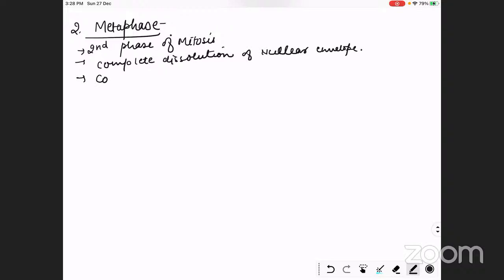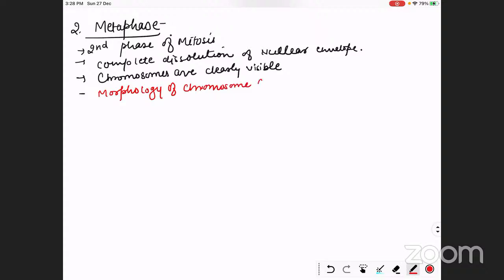Chromosomes are clearly visible. That's why metaphase is the stage if you want to study the morphology of chromosomes; morphology can be easily studied.